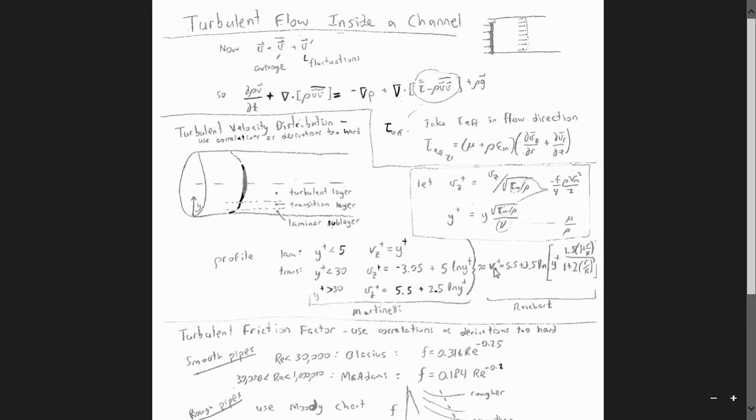You have Reichert saying your modified velocity is equal to 5.5 plus 2.5 times the natural log of your y plus coordinate times this ratio involving the size and relative position in the tube, where r is our normal coordinate going from the center out, and then the radius of the tube. We're going to use Martinelli for the homework problem in our class.